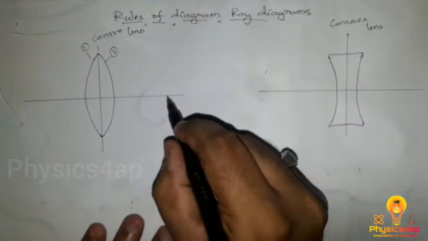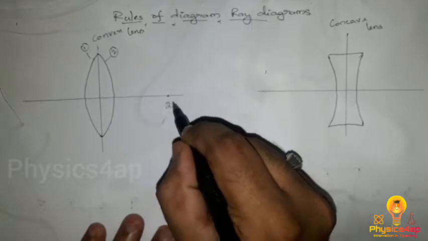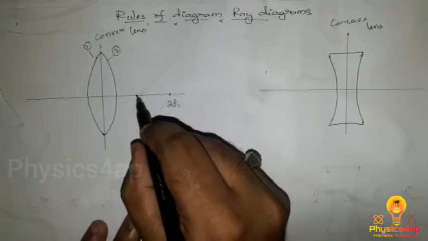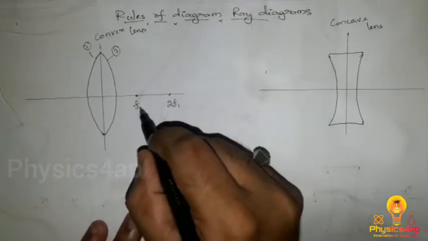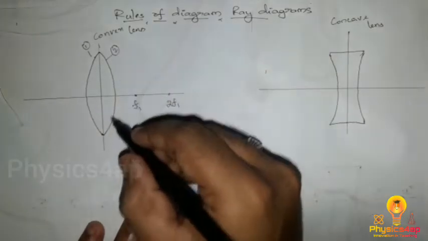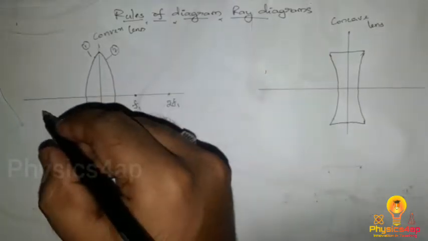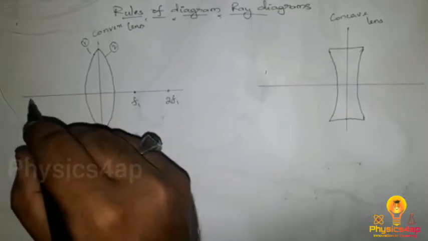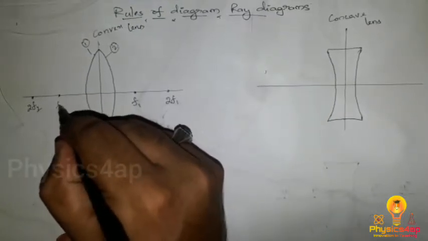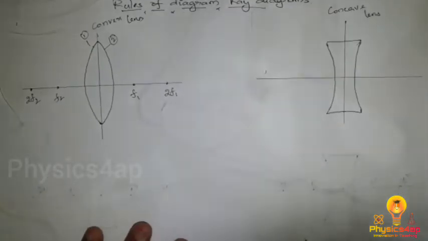So here we have the center of curvature, denoted as 2f1, and the focus f1. At the same time, the second curve has its center of curvature on this side. So here we have 2f2 and focus f2.